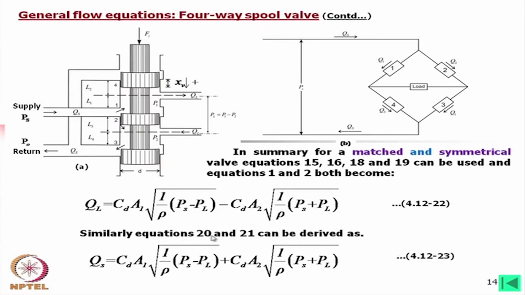Similarly, equations 20 and 21 can be derived as Qs equal to CD A1 square root of (1 by rho)(PS minus PL) plus CD A2 square root of (1 by rho)(PS plus PL). You see, QL is defined by this minus this, and Qs is defined by this plus this. Okay.